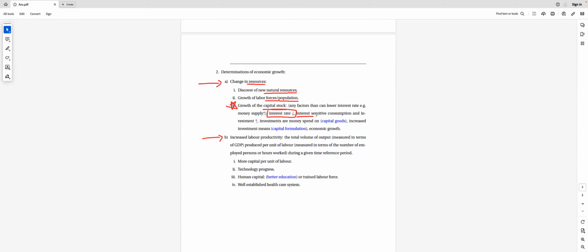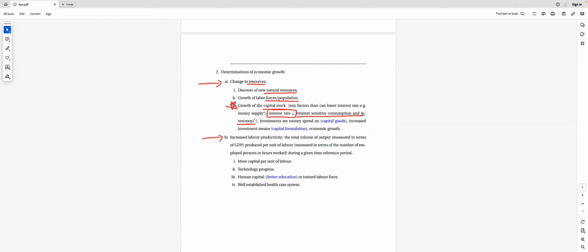And the next step, remember this is super important: if the interest rate has been lowered, what will happen? All the businesses, all the producers, all the firms will borrow more money to do the investment.